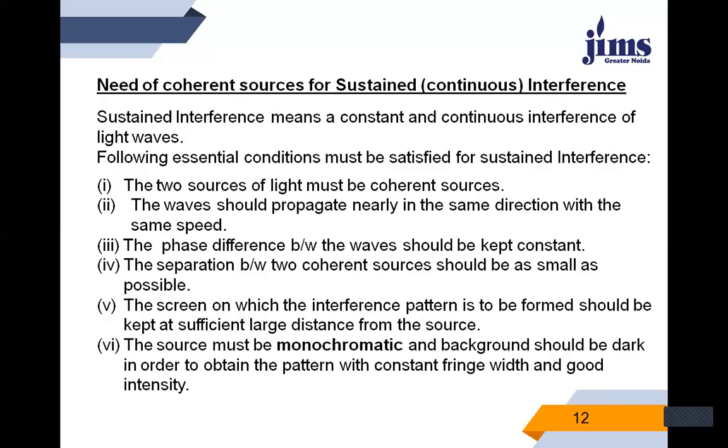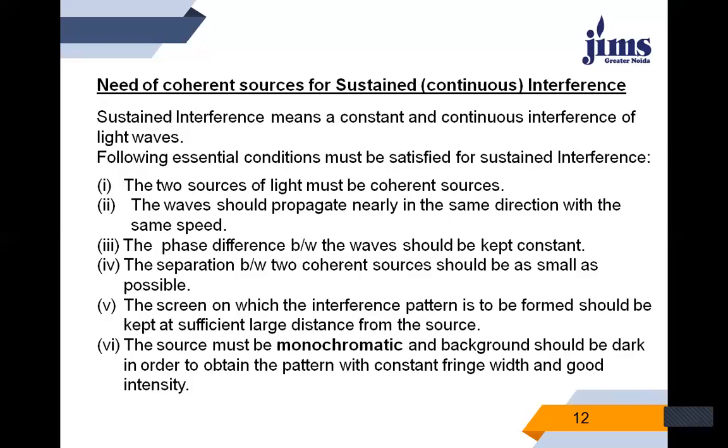The following essential conditions must be satisfied for sustained interference. What are these essential conditions? First condition, which we have already discussed, is that the two sources of light must be coherent sources.